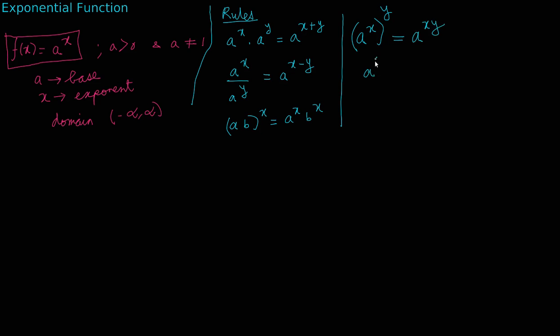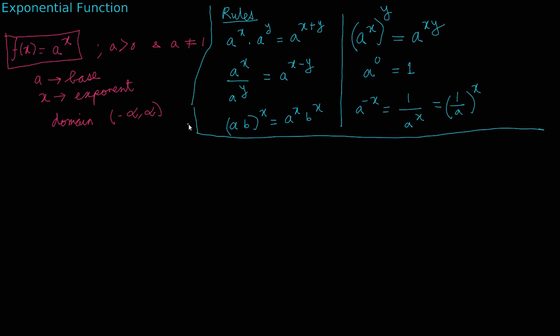And a power 0 equals 1, and a power negative x is essentially 1 over a power x. So these are a few rules of exponent. We need to remember those rules.